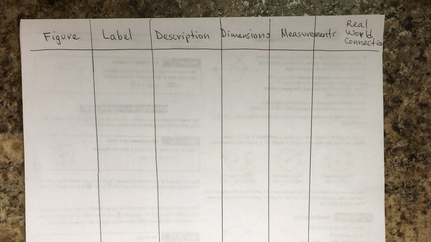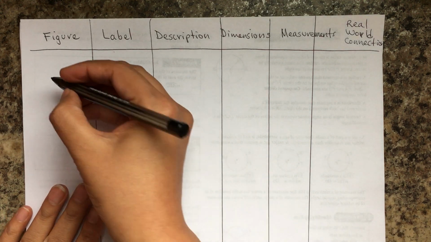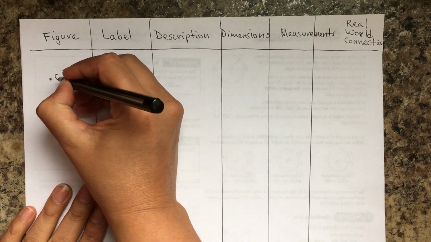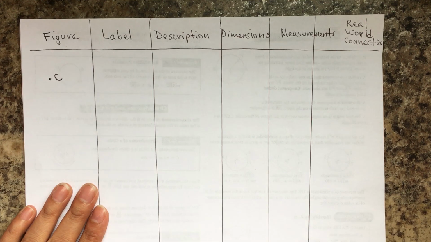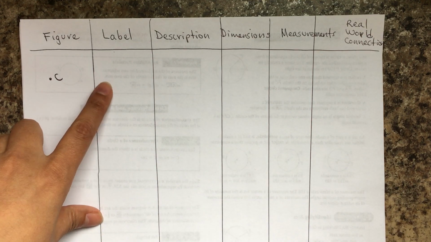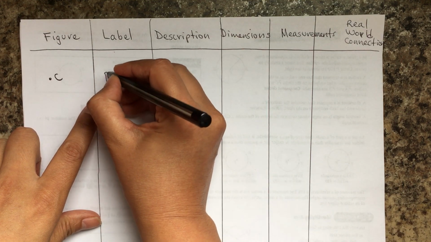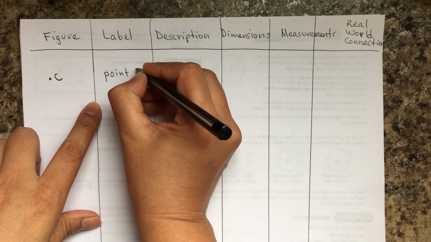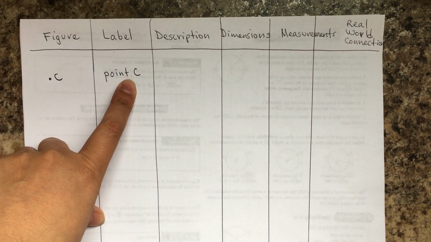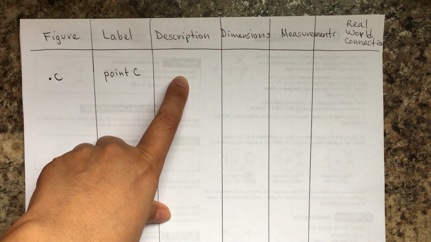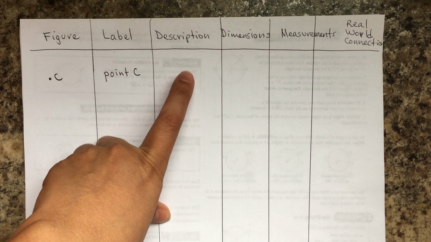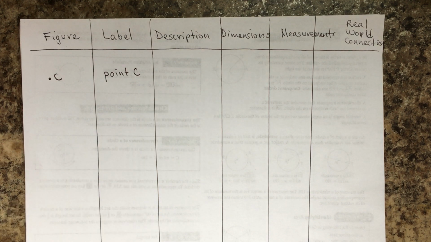Okay, so the first figure that we're going to learn about is going to be something like this. So what would that be? Well, we can say that that's point C. And the description, we say description because there are no definitions for the first couple of figures that I'm going to show you.